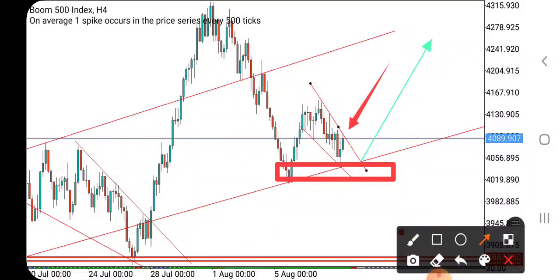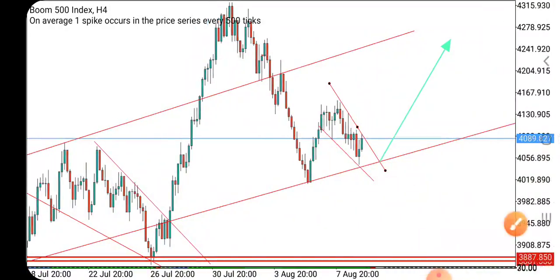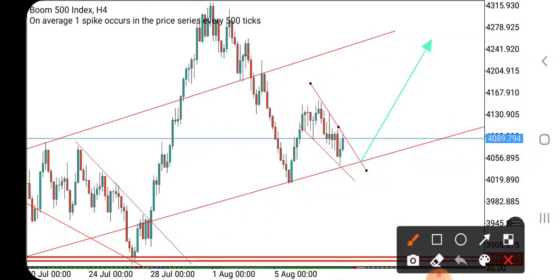So I'm waiting for a breakout there. Once the price breaks that red line coming down to the upside, I'm going to be buying and holding it for a very long time. I also want to wait for the price to retrace back to this level again.